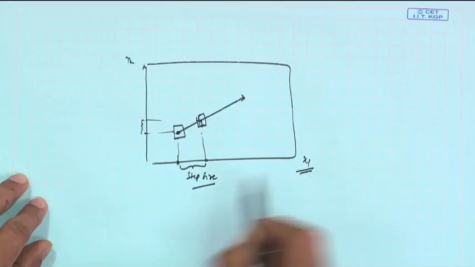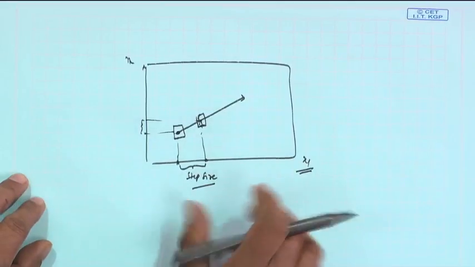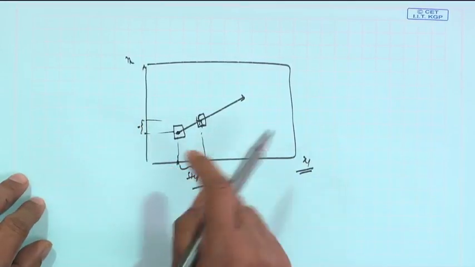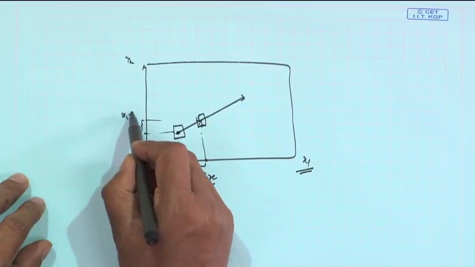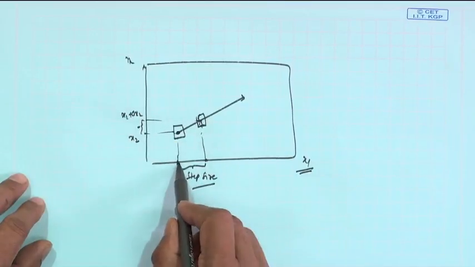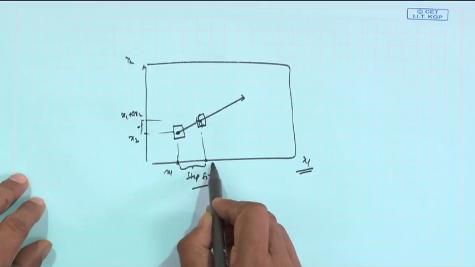So step size for x1 you may choose, or for x2 you may choose. At this point, if it is x2, then the next one is x2 plus delta x2, and if this is x1, maybe x1 plus delta x1.